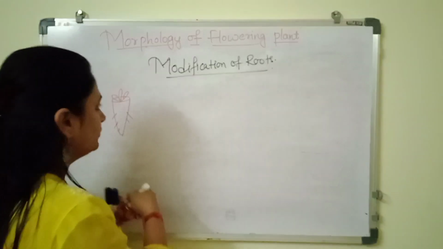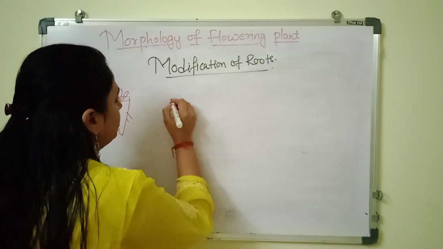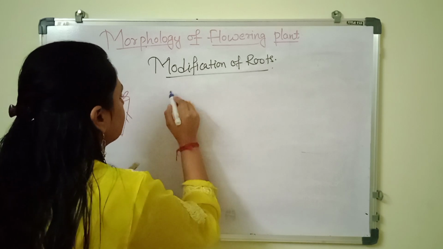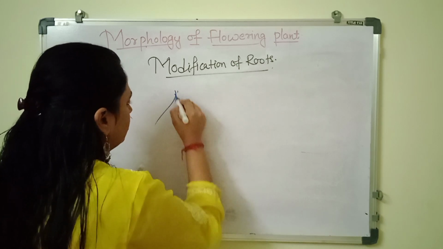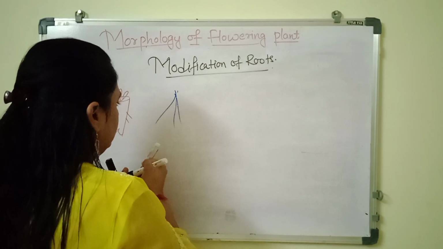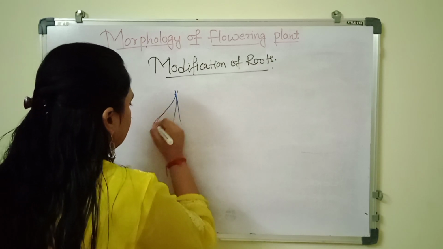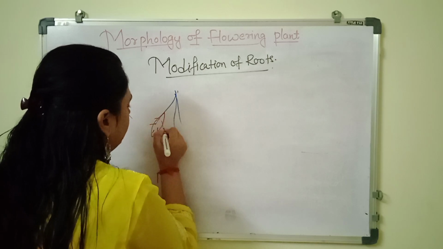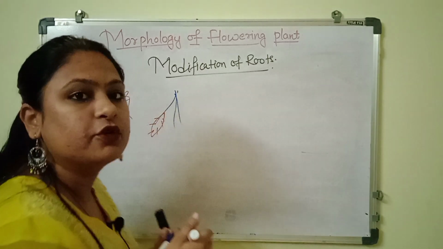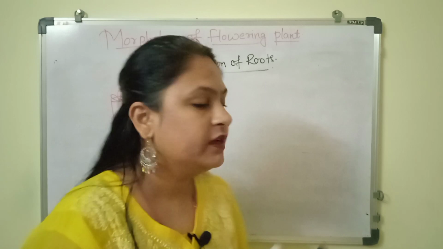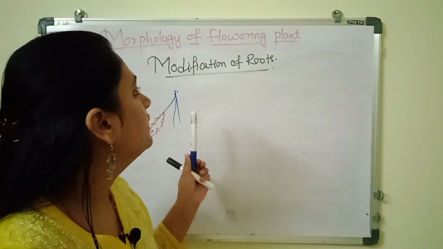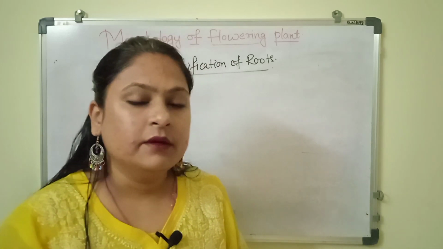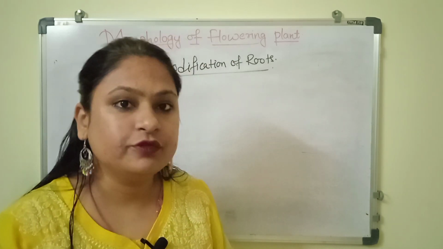Here are the adventitious roots, and this has a swollen part, that is a tuber. It forms a root tuber. So that is the sweet potato, a modification for the storage of food.